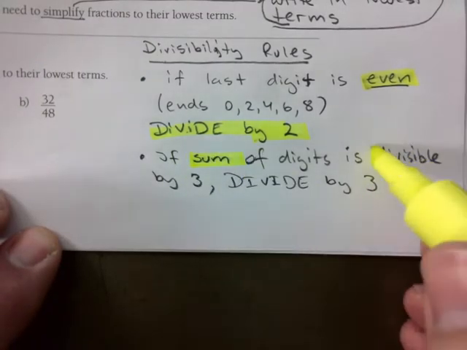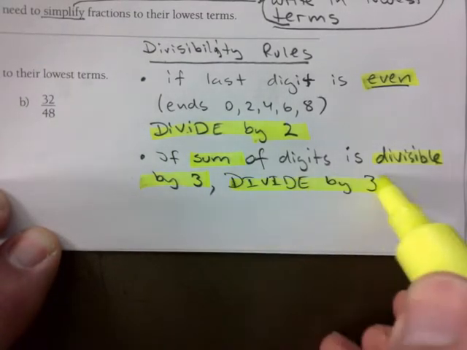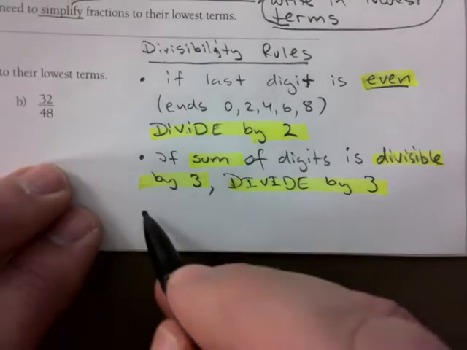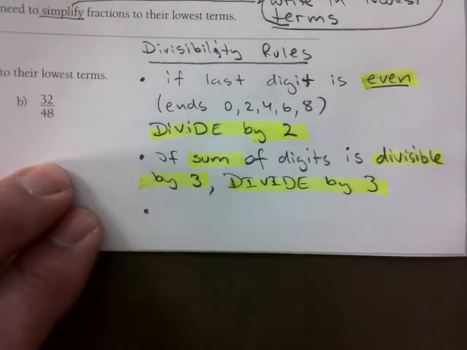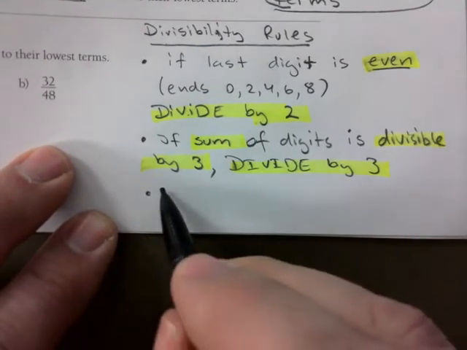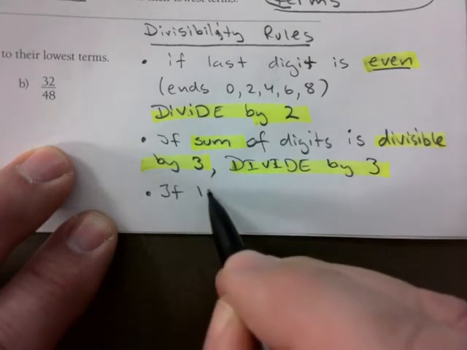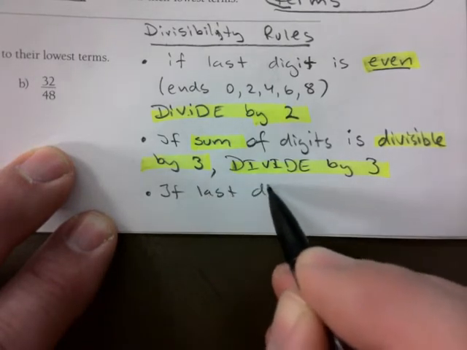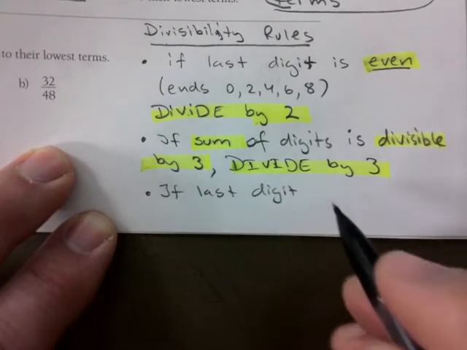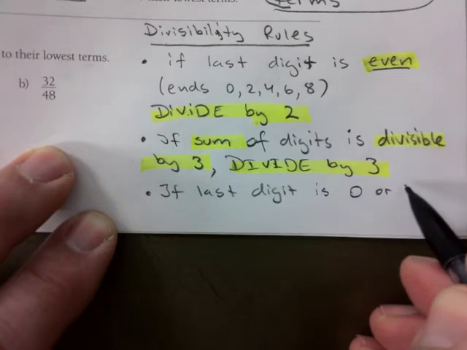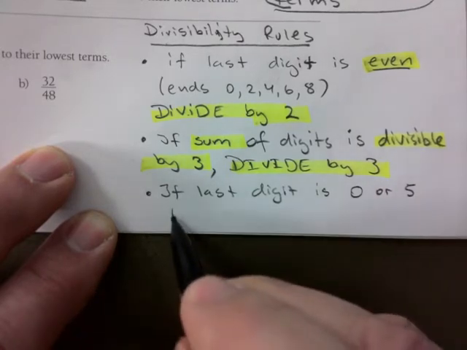If the sum is divisible by 3, we divide by 3. And right now, just write it down. If you're like, what? Just write it down and I'll walk you through it. If the last digit is 0 or 5, divide by 5.